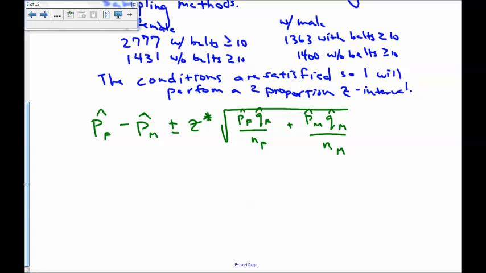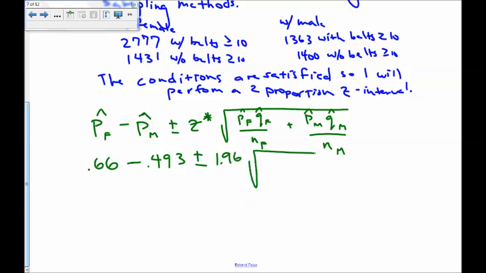So plugging some numbers in from the problem, there were 66% of male drivers with female passengers who were wearing seatbelts, and of the male drivers with male passengers, only 49.3% were wearing seatbelts. Plus or minus the z star value. I'm going to do a 95% confidence interval, so I'm going to use 1.96.